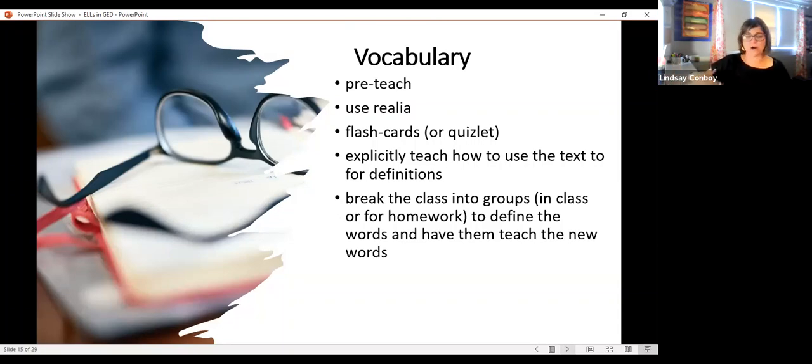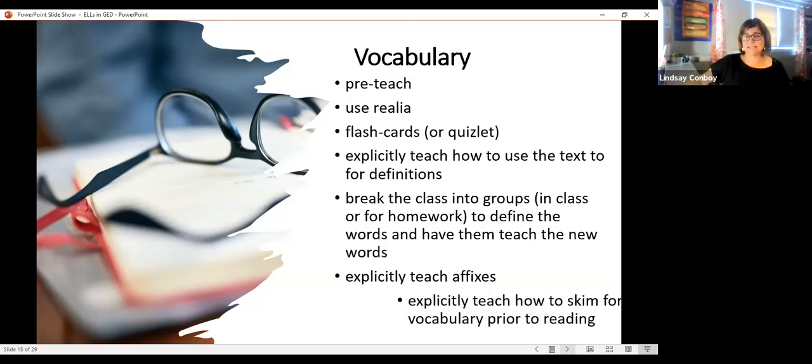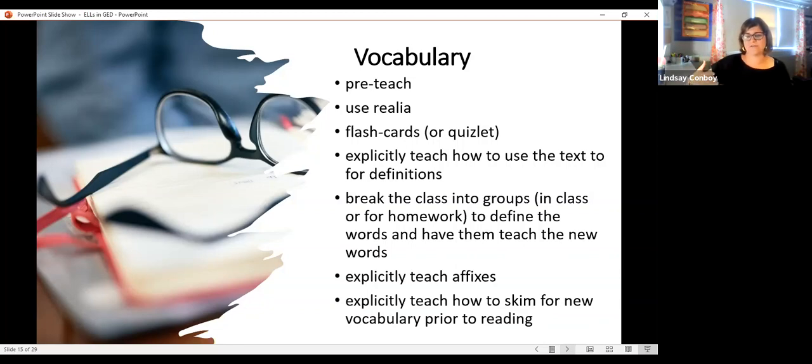So as we know, teaching is the best way to learn. Explicitly teach affixes. So the more prefixes and suffixes the students know, the more vocabulary they have. And explicitly teach how to skim for new vocabulary prior to reading.